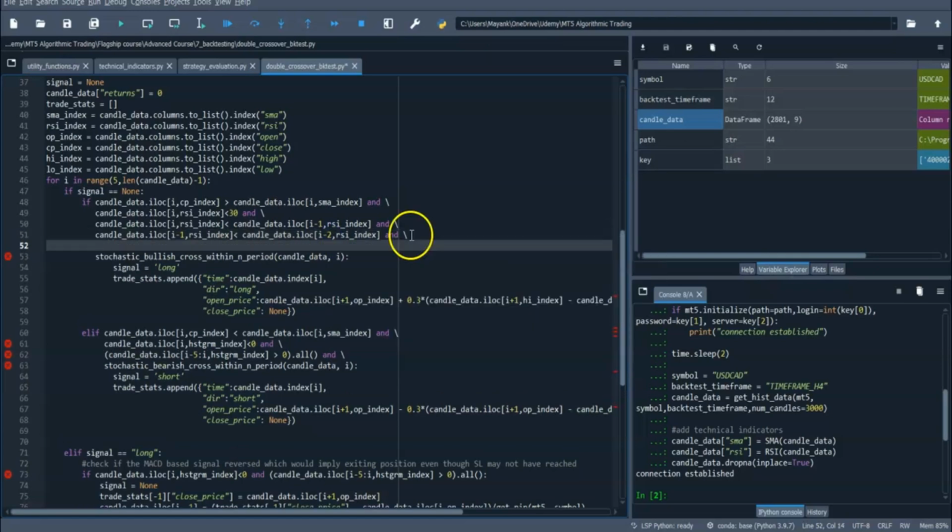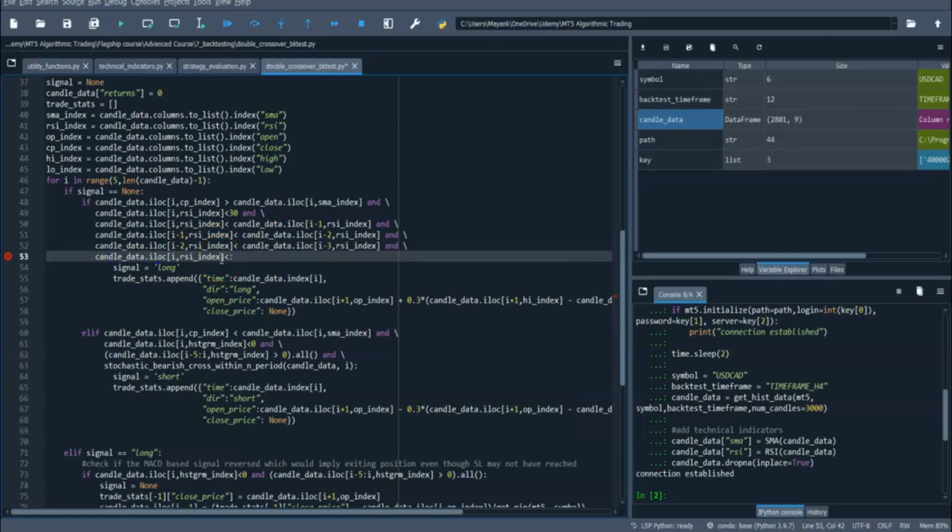And lastly, I minus 2 is less than I minus 3. And is that all? No. We have another criteria that the fourth last candle should be less than 60. So I minus 3 RSI index is less than 60. So that is our trade entry criteria.